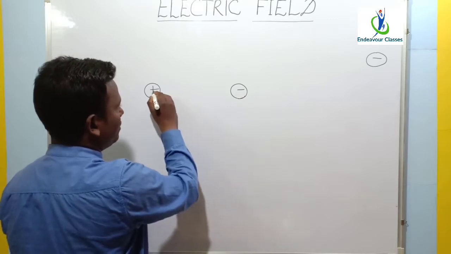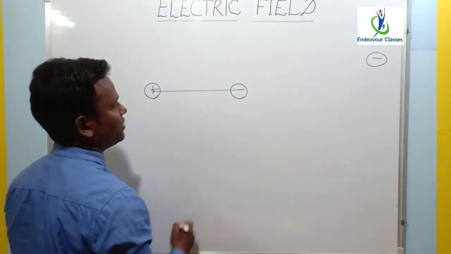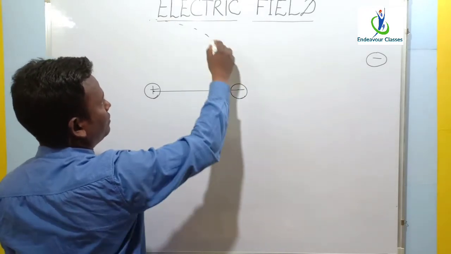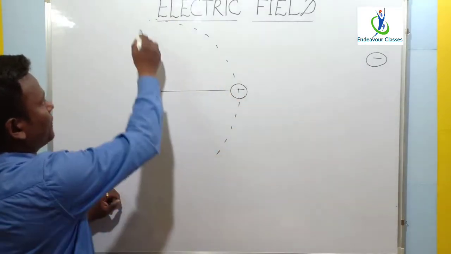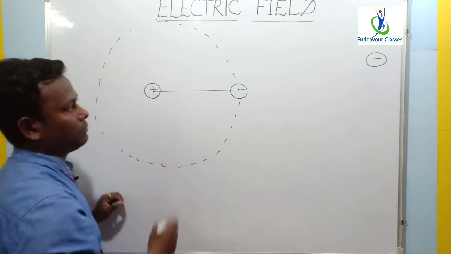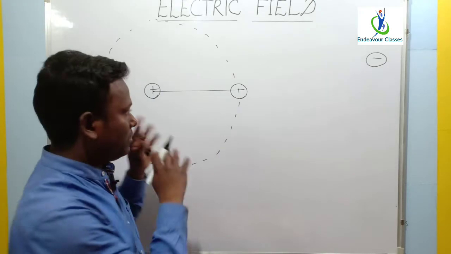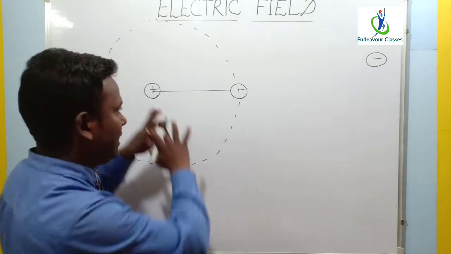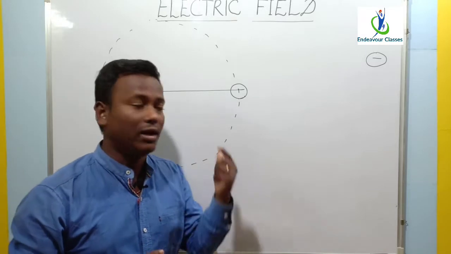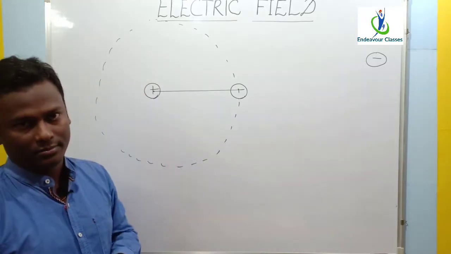Then if you take this distance as the radius and draw an imaginary sphere, then the total space lying inside the sphere will be called the electric field of this charge.